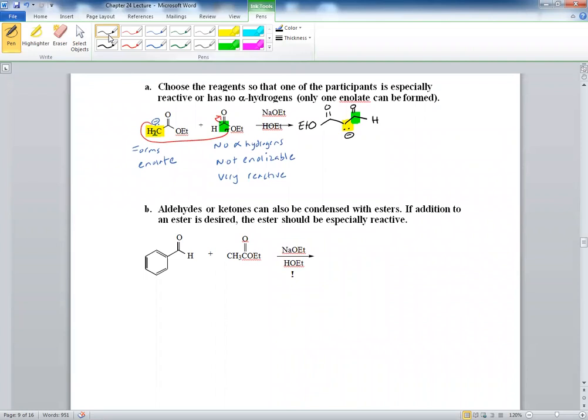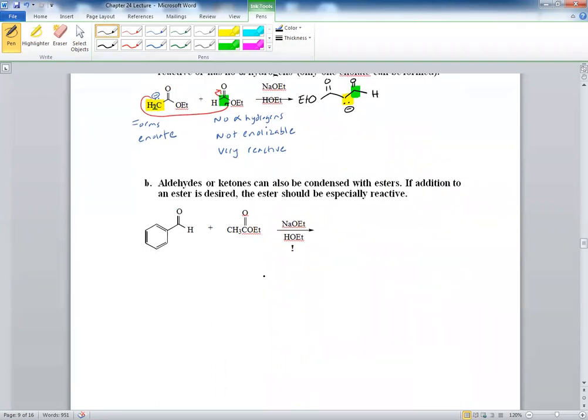Next, aldehydes or ketones can also be condensed with esters. If addition to an ester is desired, the ester should be especially reactive. So here's another example. Notice here we had both esters.